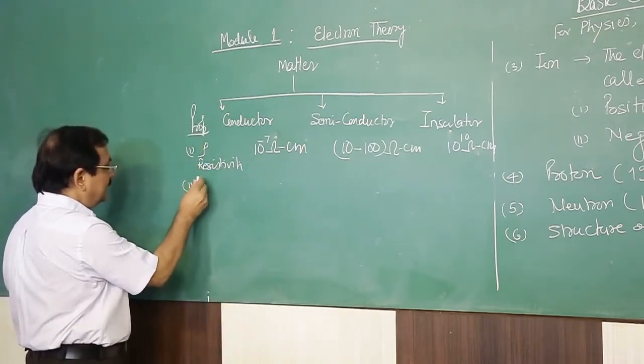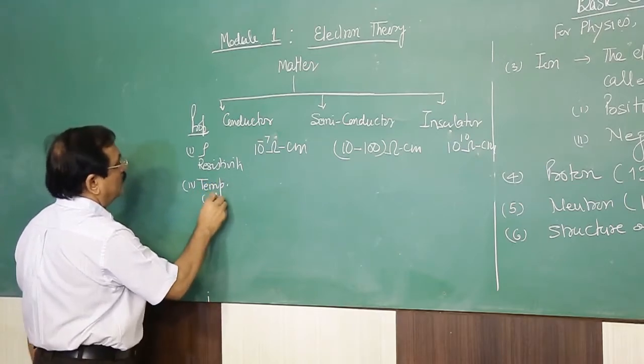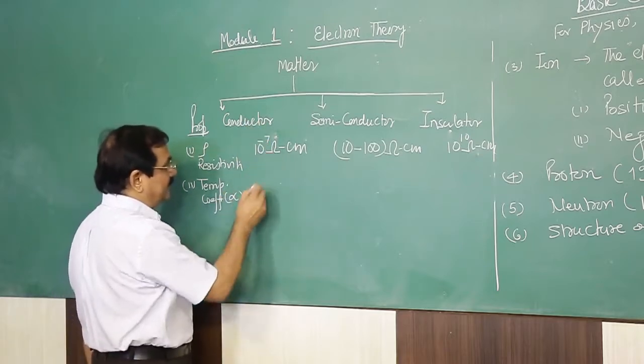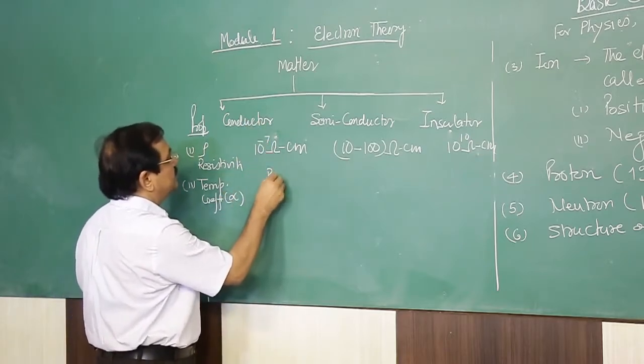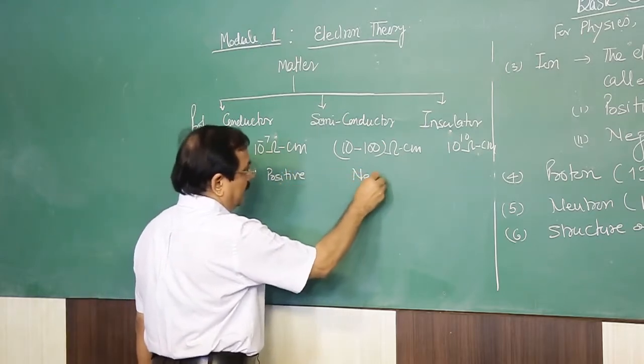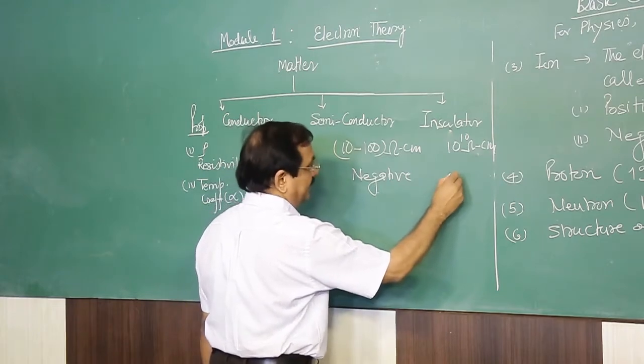Then there is the temperature coefficient, alpha. In the case of the conductor, it is positive; here it is negative, and this is independent.